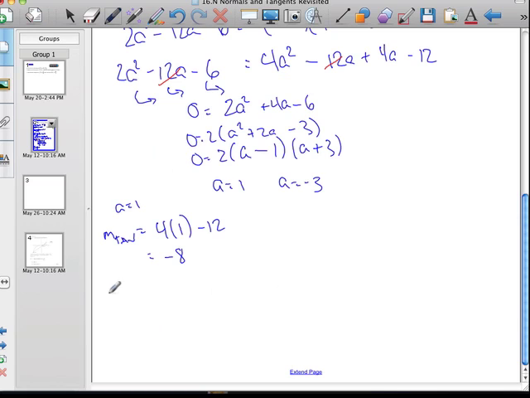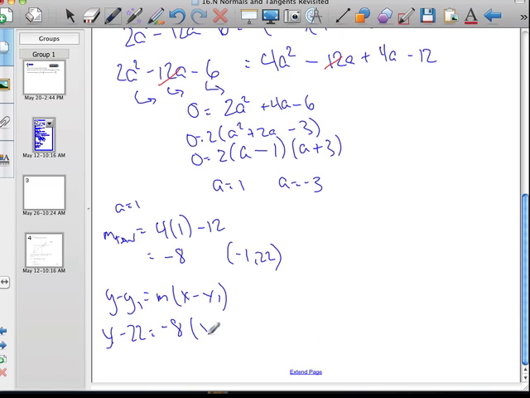As always, I need to find the equation, so I use y minus y1 equals m times x minus x1. I can use the point -1, 22, which I know is on the line. Plug it in: y minus 22 equals negative 8 times x plus 1.